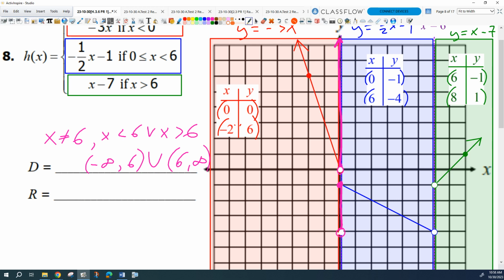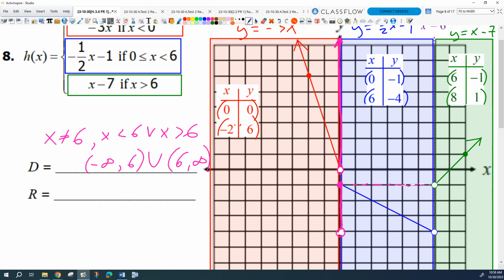Okay, open one at -1, but that point's already a y value that's included, right? That's already part of our range. Everybody agree? So that open one doesn't really contribute anything. There's already a closed endpoint there. And then what does it effectively do to our range? Oh, yeah, good.